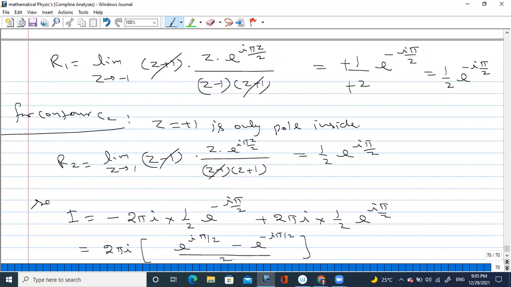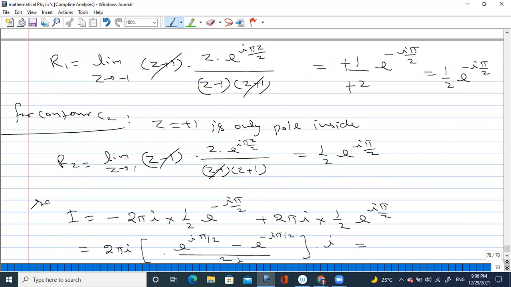But here also I want i. So what can I do? I can multiply by i and divide by i, so that it will become the formula of sine pi by 2. Understood?